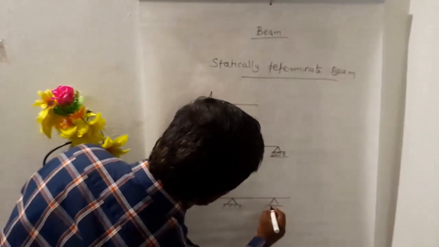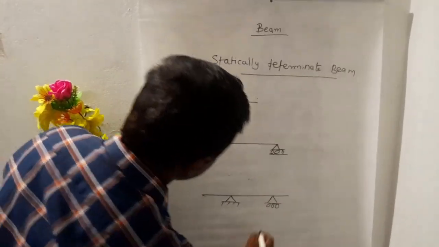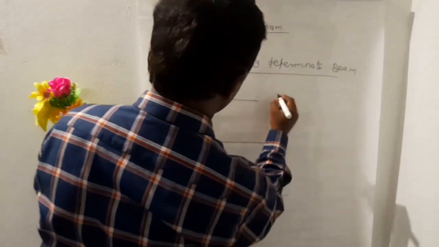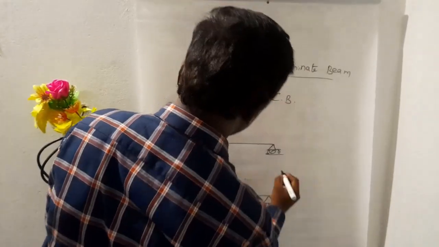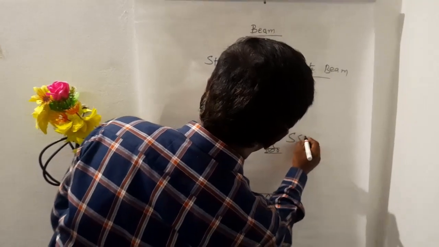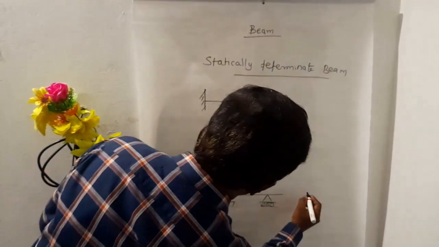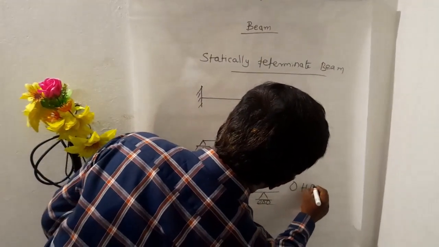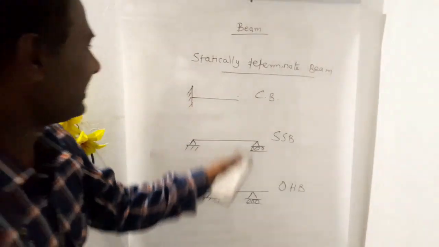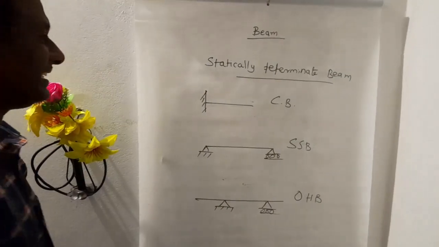The cantilever beam, the SSB (simply supported beam), and the overhanging beam OHB are all examples of statically determinate beams.